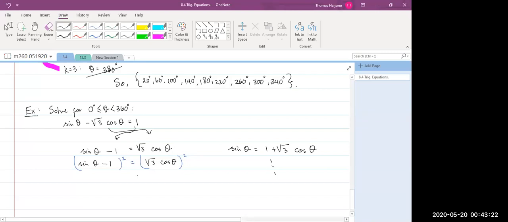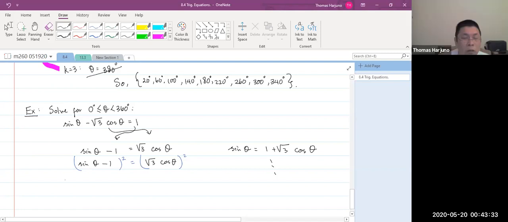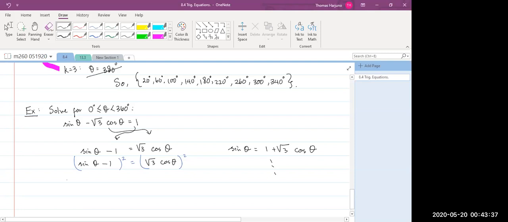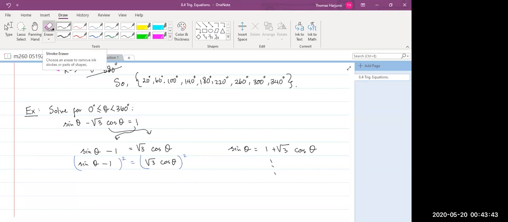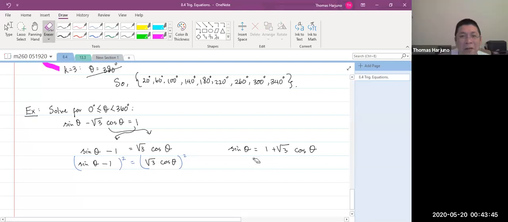Okay, you get 1 plus sine squared theta equals 1 plus 2 square root of 3 cosine theta plus cosine squared theta. Which one did you do? I did the one without the blue. Oh, you did the one without the blue. Oh, I really thought I said do the blue one. Okay, sorry.